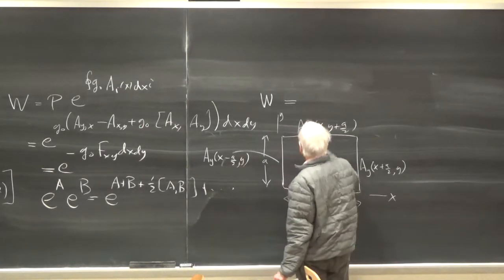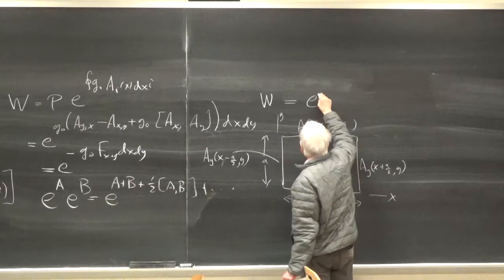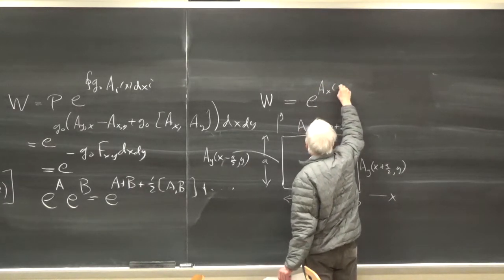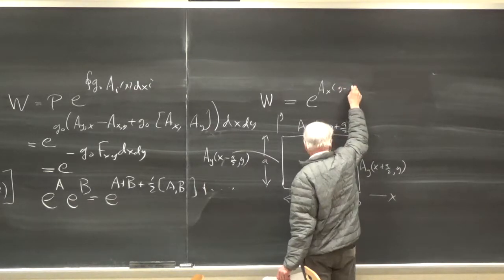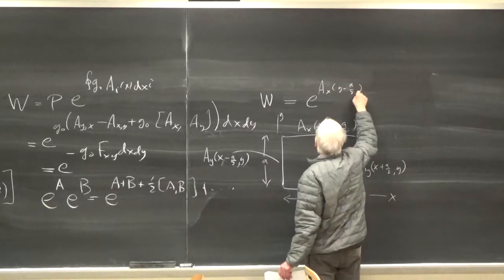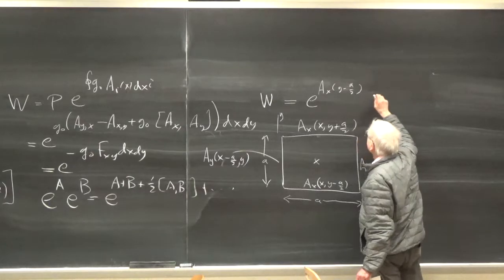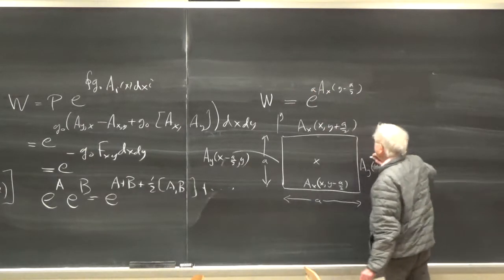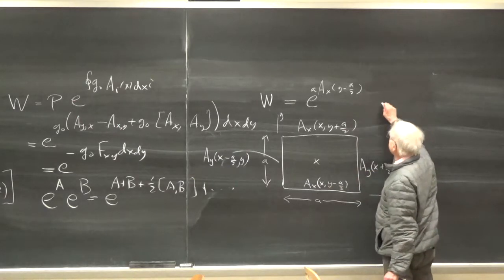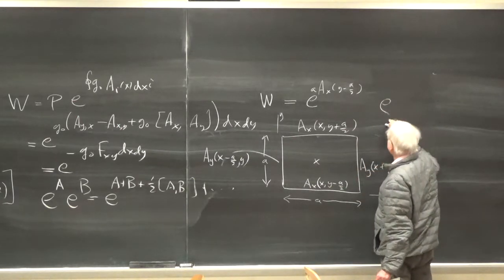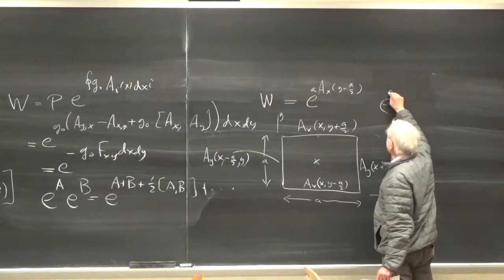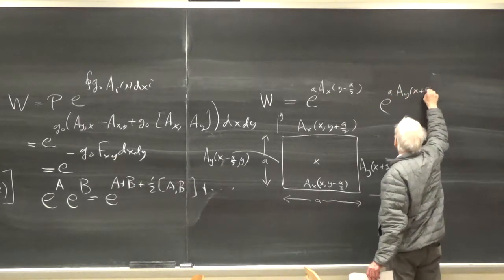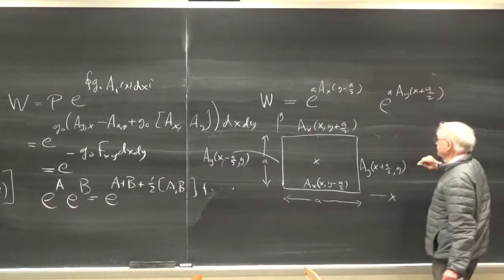this Wilson loop would be e to the a A_x at y minus a over 2, and maybe I'll put in the lattice spacing a. Then this one would be e to the a A_y at x plus a over 2.